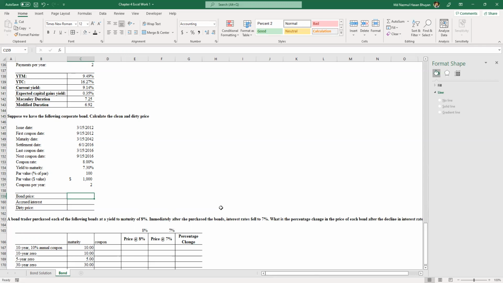So you need to compensate this person for holding the bond for some time after the last coupon date, and that compensation is the accrued interest. The dirty price is the actual price you pay for your bond investment. It considers the pure bond price and, at the same time, the accrued interest that you need to pay to the current bondholder to buy the bond from him or her.